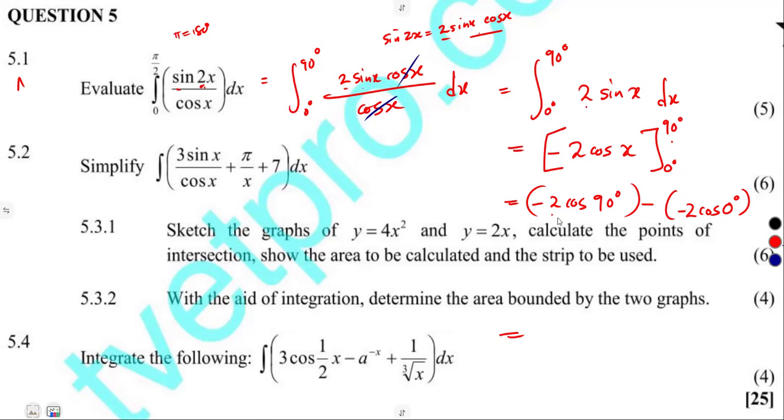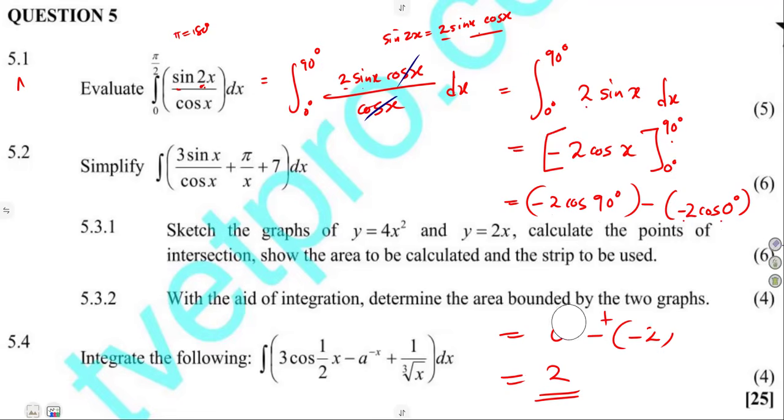So this is negative 2 cos 90, that's 0, minus negative 2 cos 0, which gives negative 2. So minus minus is a positive, and 0 plus 2 is 2. At the end, you simply obtain 2.